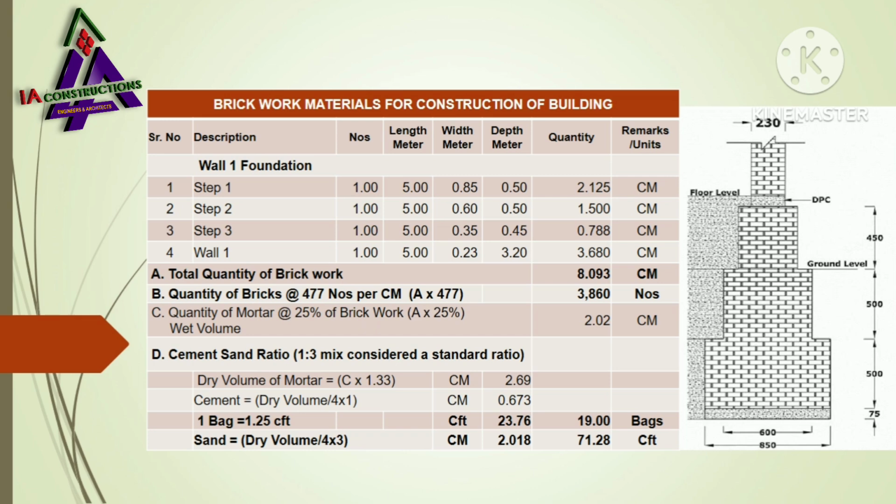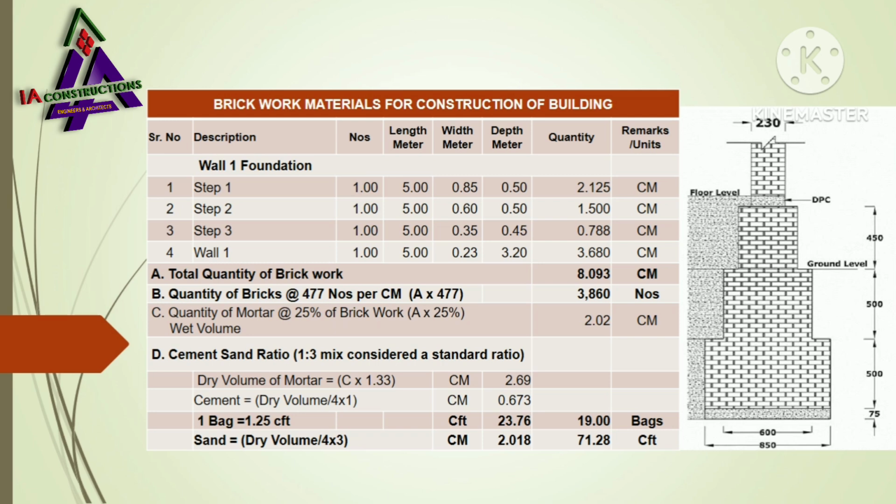By multiplying 0.673 cubic meter with 35.32, we will find out quantity of cement 23.76 in cubic feet, and by dividing quantity 23.76 cubic feet by 1.25, we will find out 19 bags of cement, because volume of one bag of cement is equal to 1.25 cubic feet.